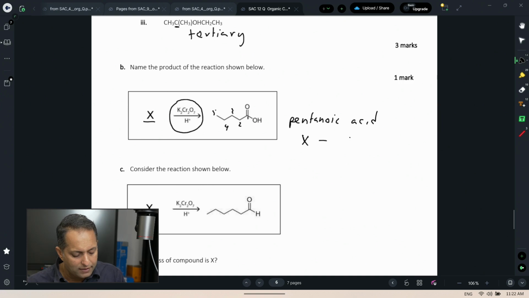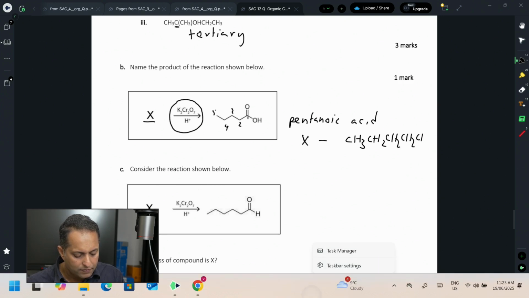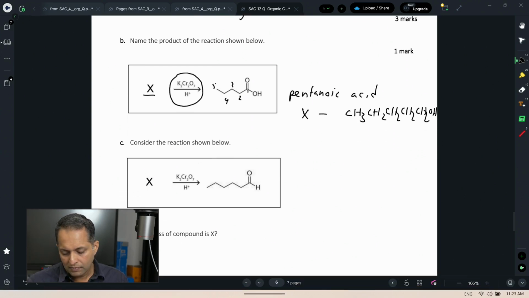So it's a pentanoic acid, so it should be pentan-1-ol. It should be pentan-1-ol because the product is pentanoic acid. You can say it's a primary alcohol.